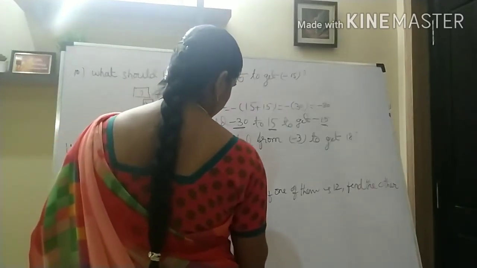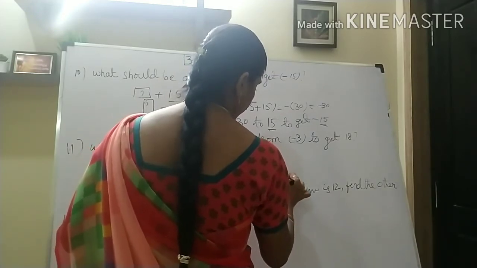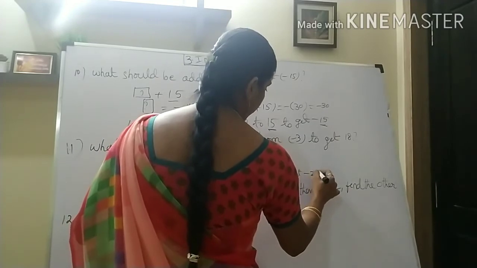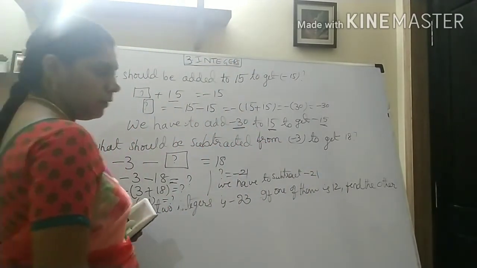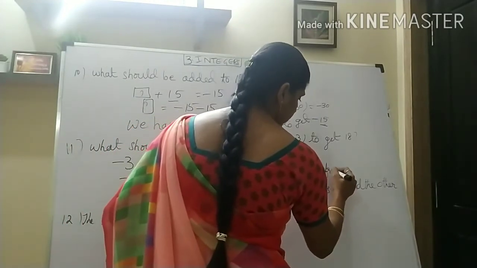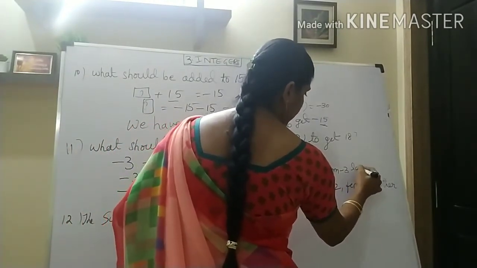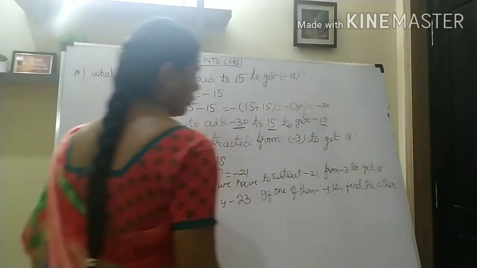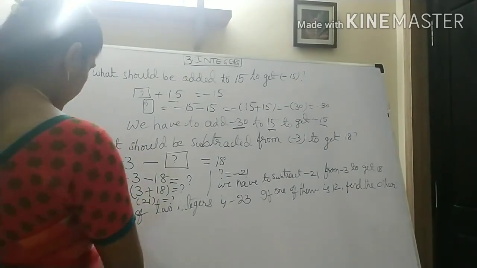So we have to subtract minus 21 from minus 3 to get 18. Last line we have to write like that. Understood? See the next one.